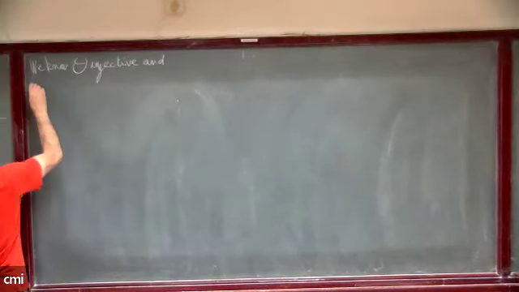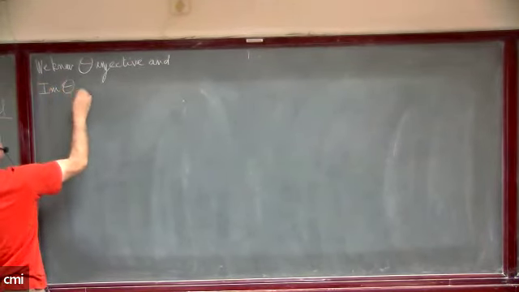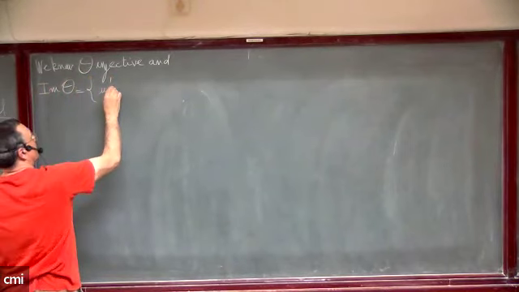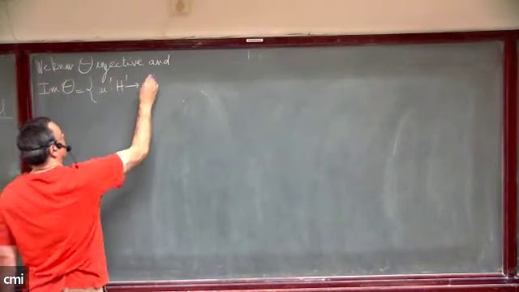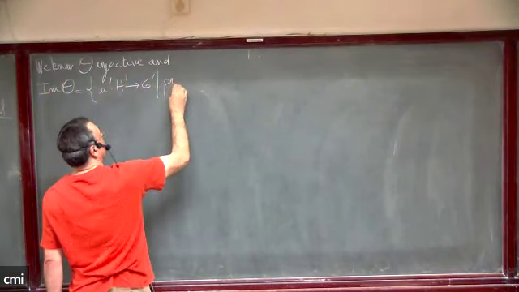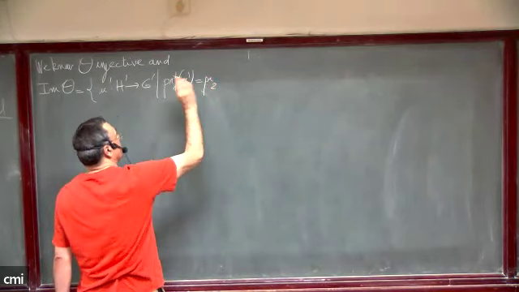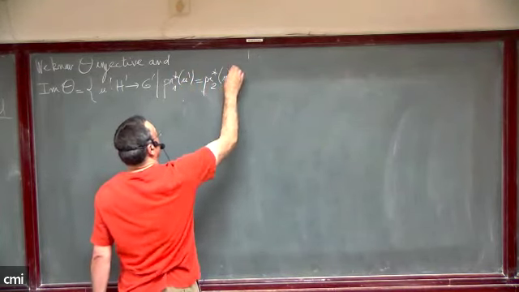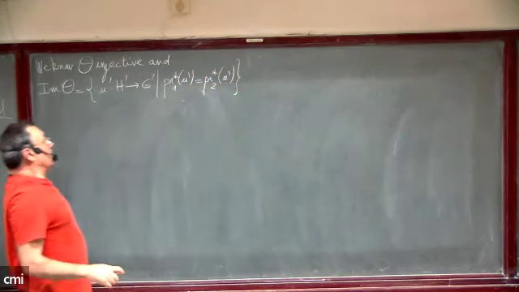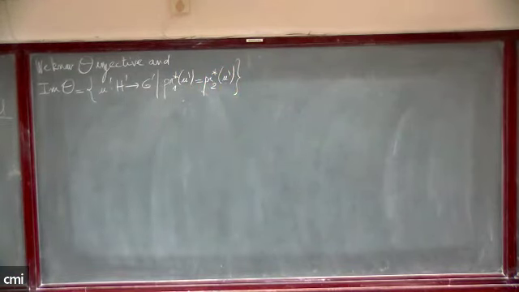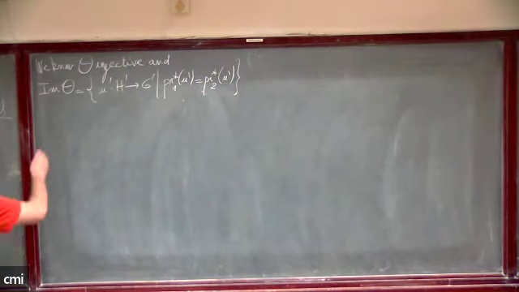And the image of theta is the set of those u prime from H prime to G prime, whose two pullbacks over S double prime coincide. Okay, so what we have to prove?